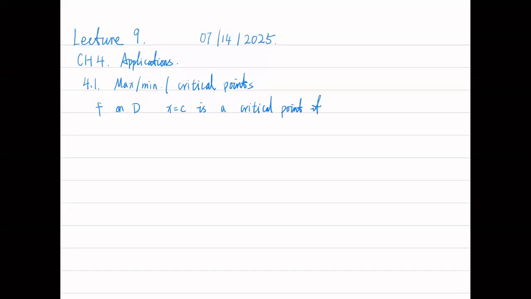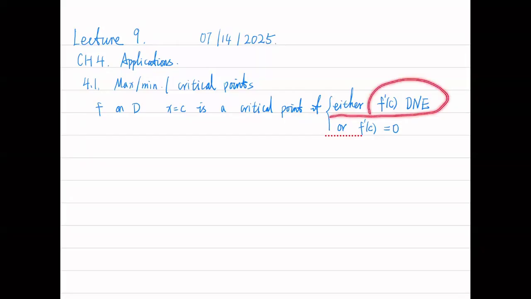Either the derivative at C doesn't exist, or the derivative is 0. In these two cases, we call this point a critical point. Later we will see this critical point is very important if we want to graph the function properly.